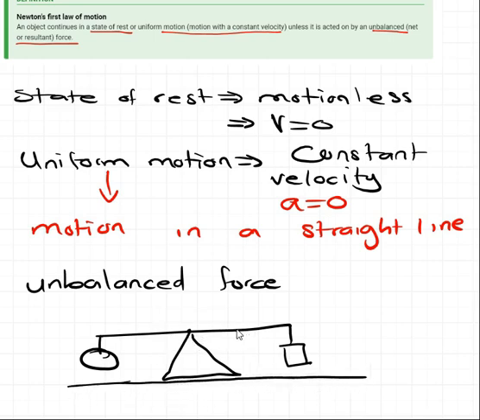If this scale is balanced such that it remains level like that, and we call this one X and we call this one Y, it means the mass of X will simply be equal to the mass of Y. Then that's a balanced system.